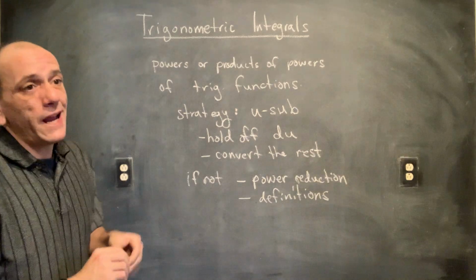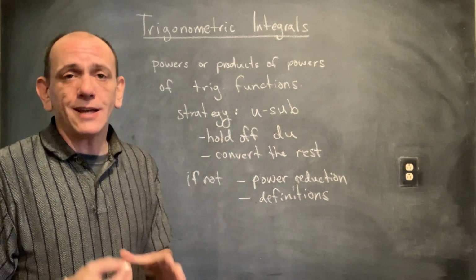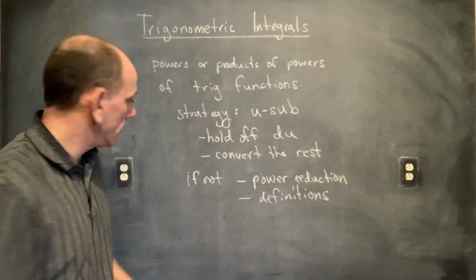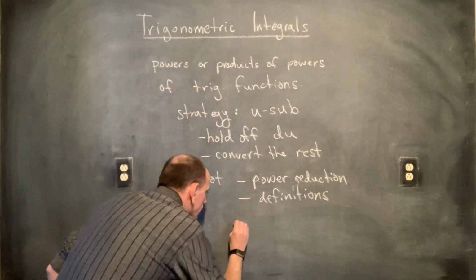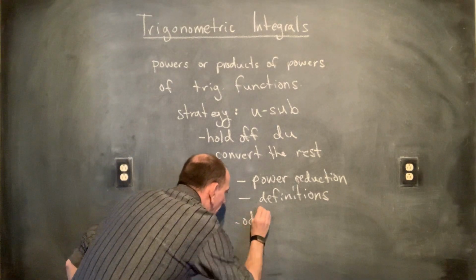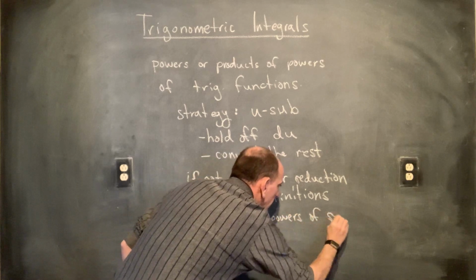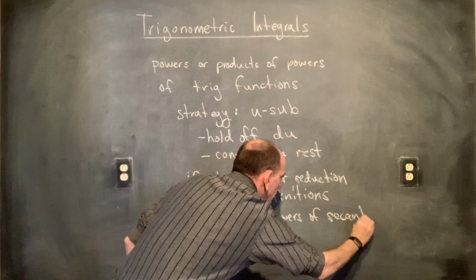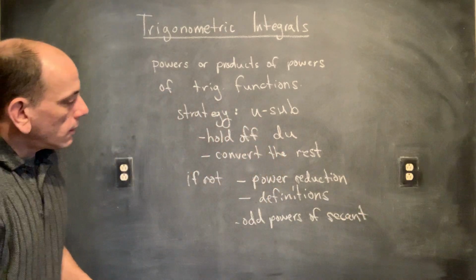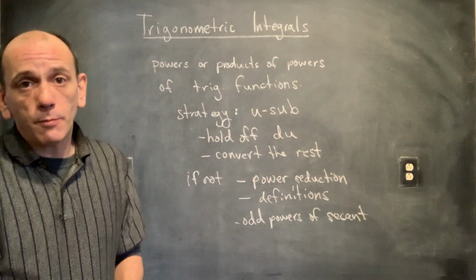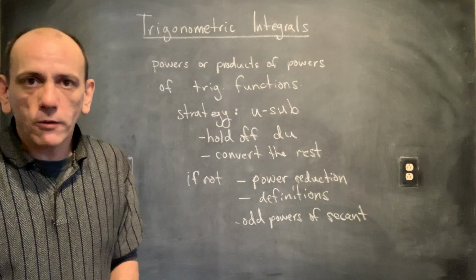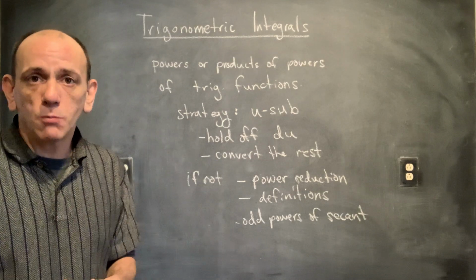The other main exception, the weird one, is odd powers of secant. We saw in the last video when we did integration by parts that we can do odd powers of secant by parts.